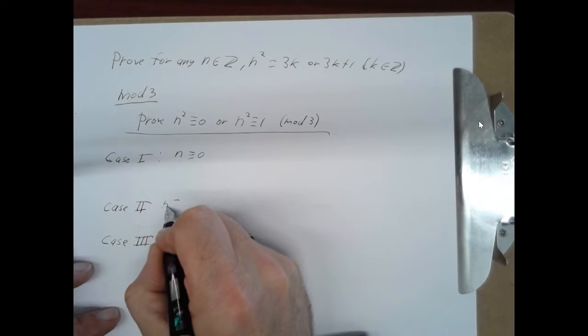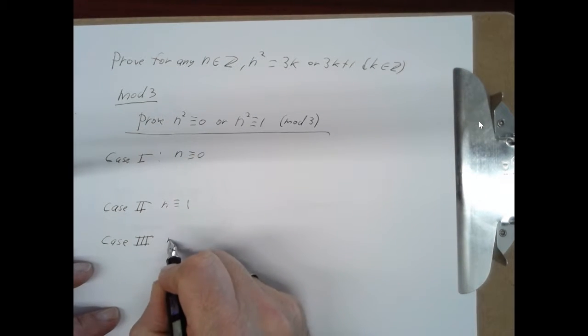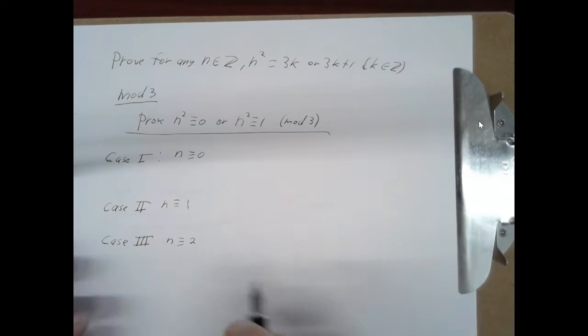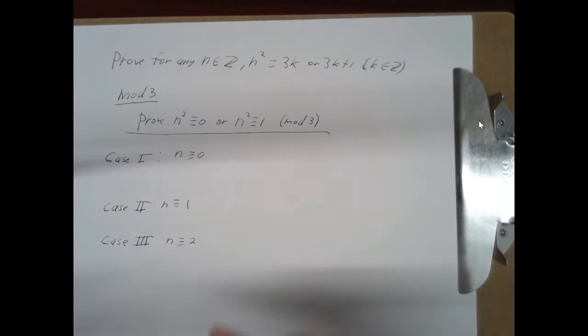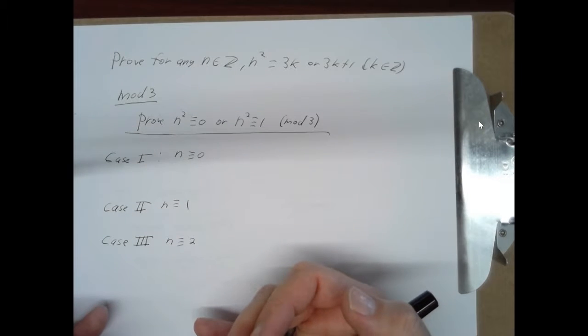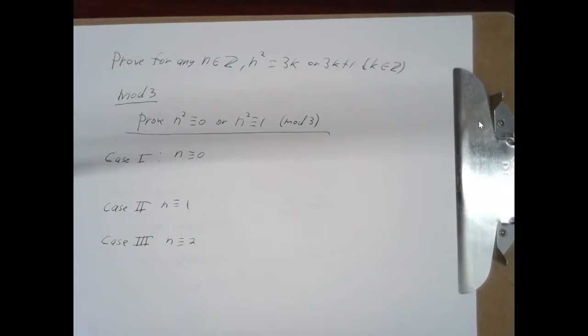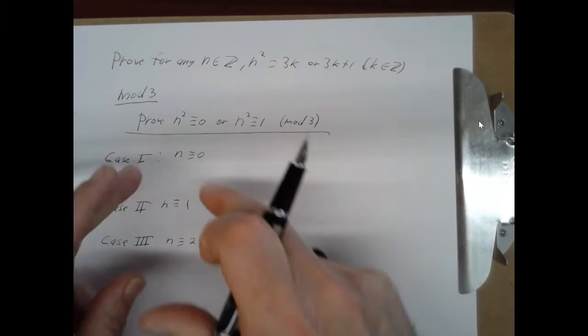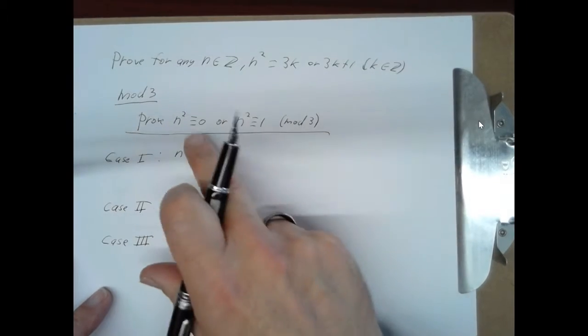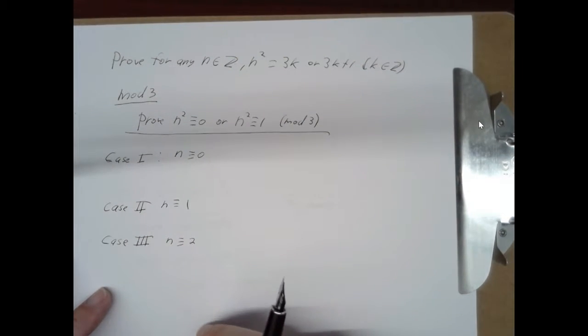Case 1, n is congruent to 1. Case 3, n is congruent to 2. Doesn't matter what integer we pick, one of these 3 situations must be true. All right, so if we can show that for each of these cases, n squared is congruent to either 0 or 1, we should be done.